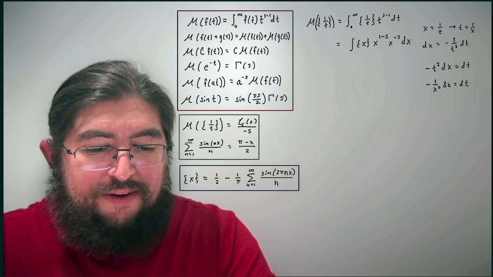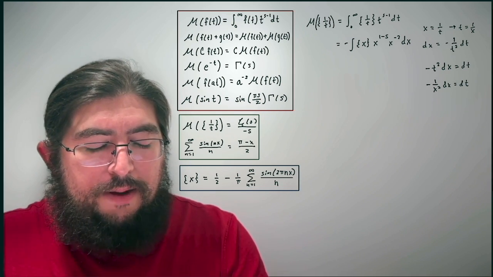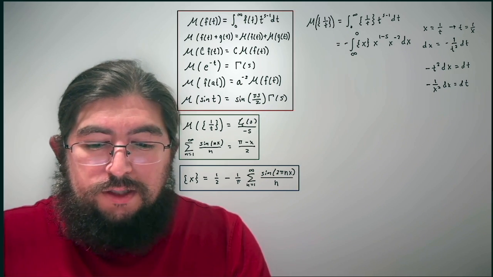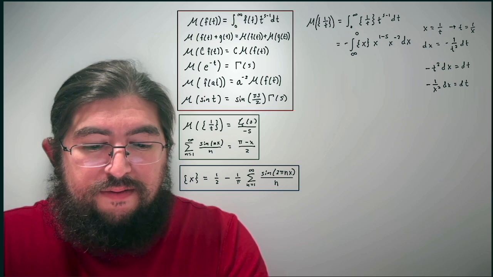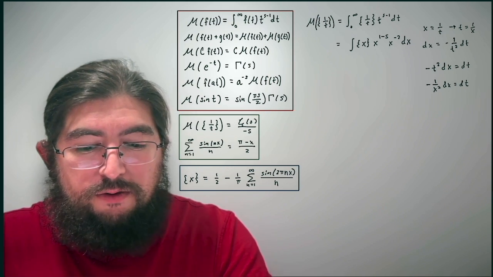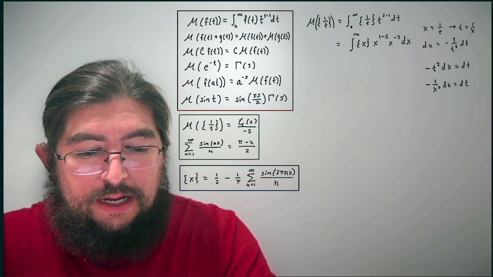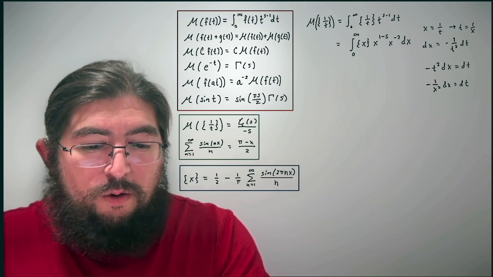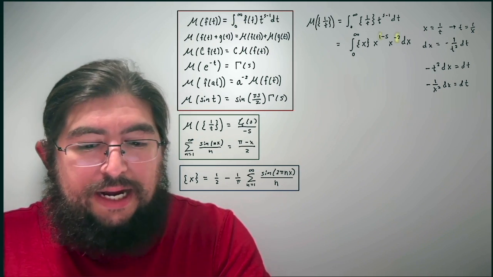The negative I'll pull out in front. Now, 1 over 0 is infinity, and 1 over infinity is 0, so we can switch the order of the limits by negating the whole thing, so that negative takes care of that. Also, in the power, 1 minus 2 is negative 1.